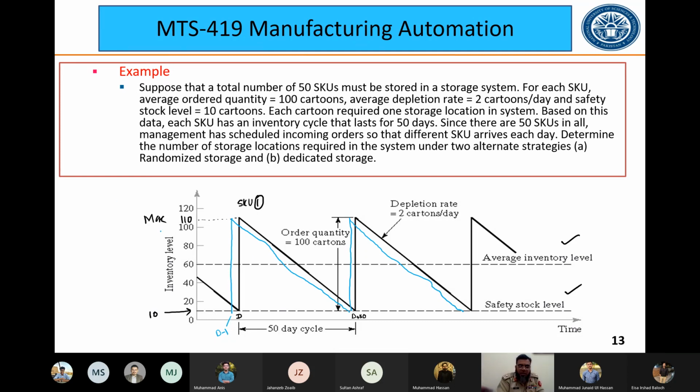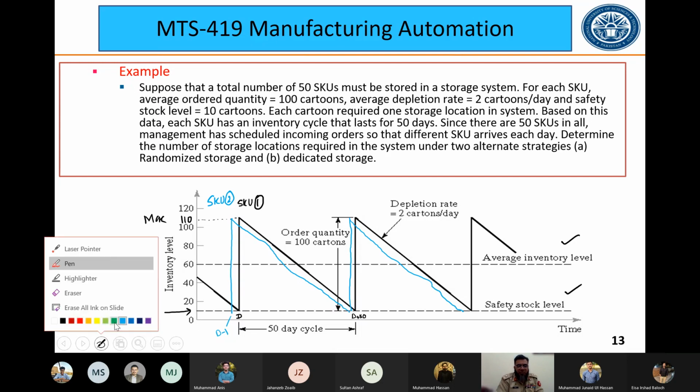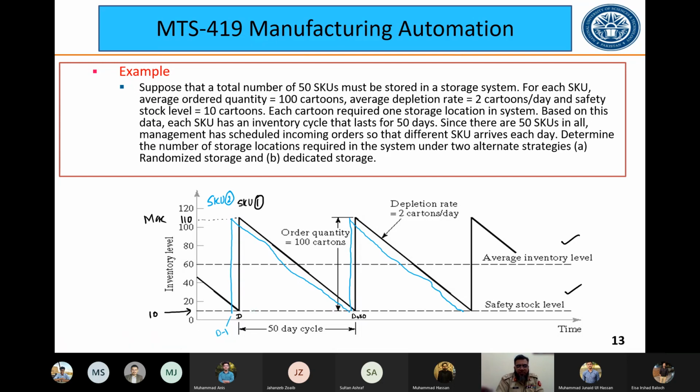सो द ब्लू वन इज SKU, लेट्स सी, मैं इसको SKU 2 का नाम दे देता हूँ. इसी तरह एक और मैं आपके लिए ड्रॉ करता हूँ विच इज SKU 3, जो कि मैं कहता हूं कि वो इस जगह पे डिमांड होता है, which is D+1.